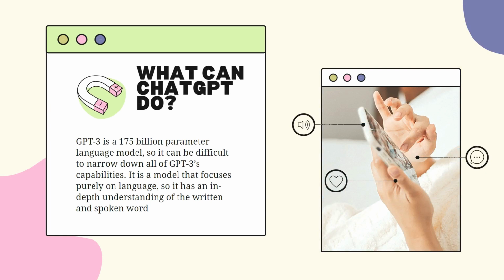GPT-3 is a 175 billion parameter language model, so it can be difficult to narrow down all of its capabilities. It is a model that purely focuses on language, so it has an in-depth understanding of written and spoken words. We can think of some use cases of ChatGPT. You can write short content such as poems, and lengthy content such as research papers, explaining topics with in-depth knowledge.